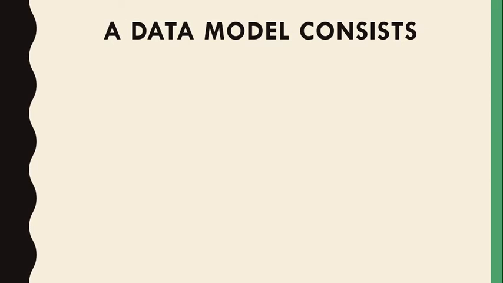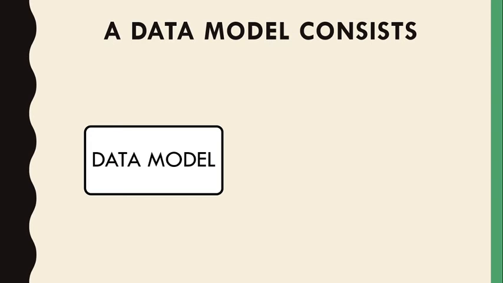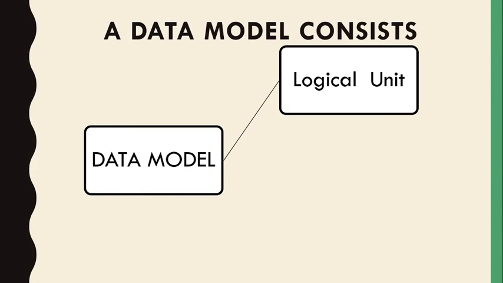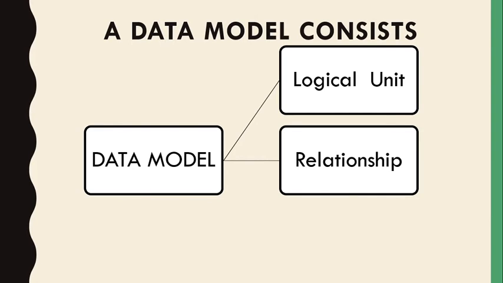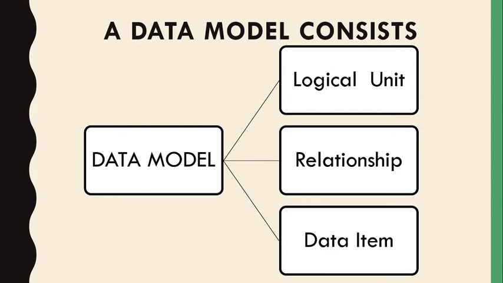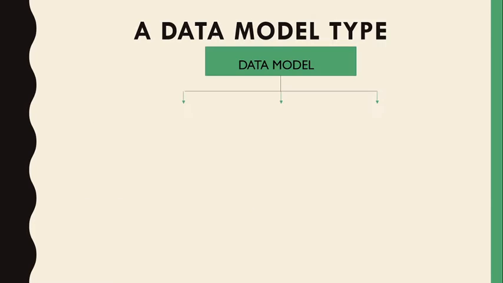The data model contains, first, logical units. Logical units means the relationships between different entities, and what data has to be given in a DBMS. That is the data atoms.